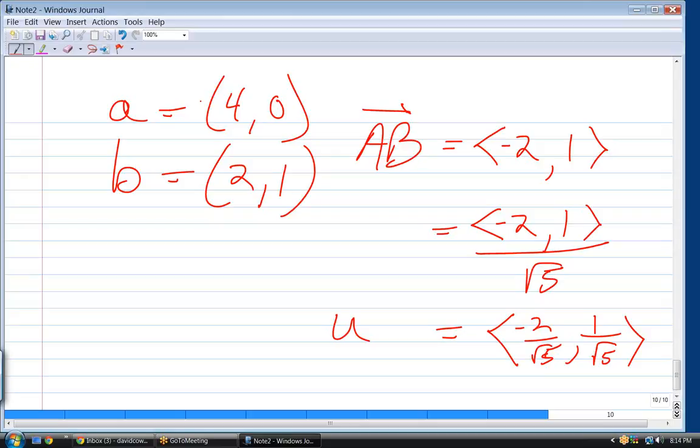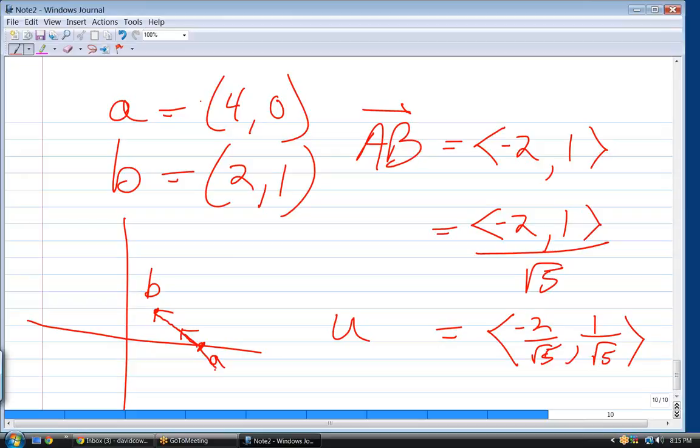Now, the other question was, what is 3 unit vectors in the opposite direction? There's A. There's B. So there's my AB vector. And if I wanted the unit vector, maybe a piece of that, okay? In the opposite direction would be in this.